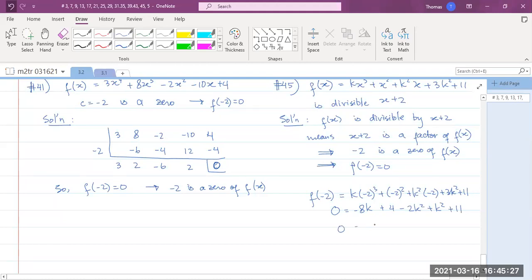This is negative k squared minus 8k, so it's behaving again. Minus 8k plus 15 equals 0. Factor the negative, divide by negative 1, both sides. Am I making any mistake somewhere?